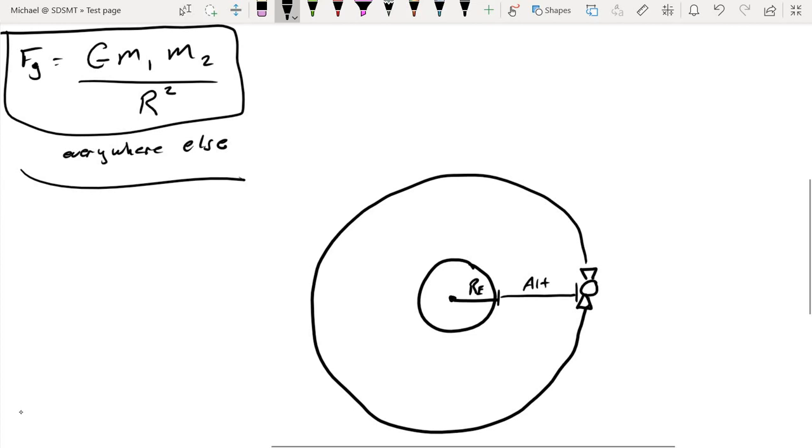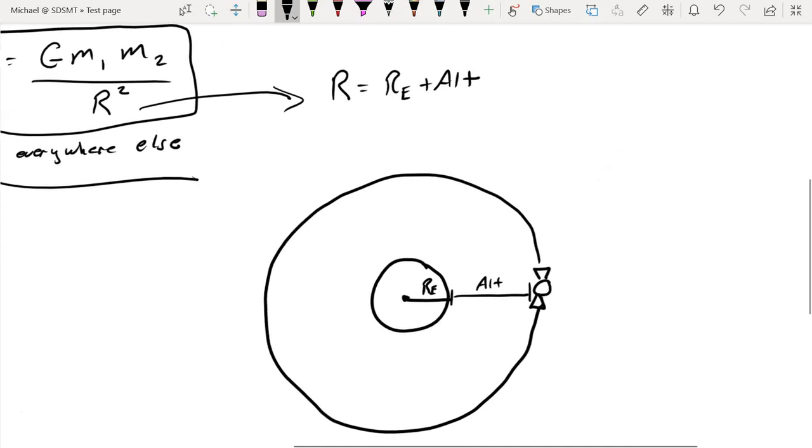And so the r value, which is actually the center to center separation distance between the masses, if you remember that part, has to be the radius of Earth plus the altitude of the satellite. And then the two masses that are involved would be the mass of the Earth and the mass of the satellite.